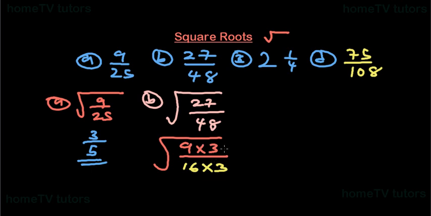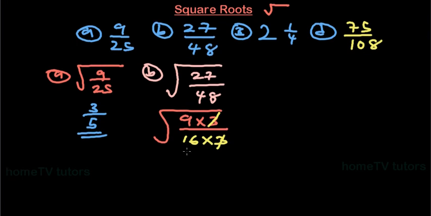That's just the trick about this. So now we can cancel the 3 out, so we are left with perfect squares. The square root of 9 is 3, and the square root of 16 is 4.